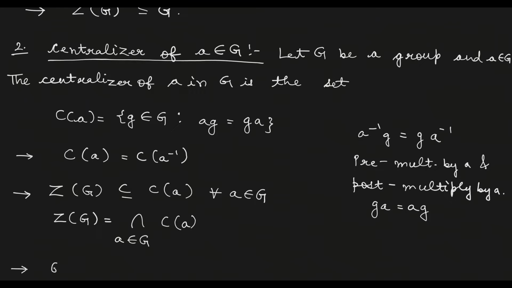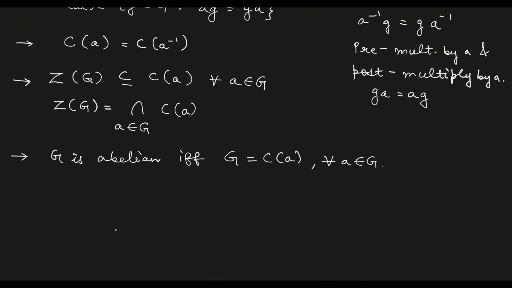And G is abelian if and only if G is equal to centralizer of a. Also, centralizer of a is a subgroup of G. Third is centralizer of a subgroup.